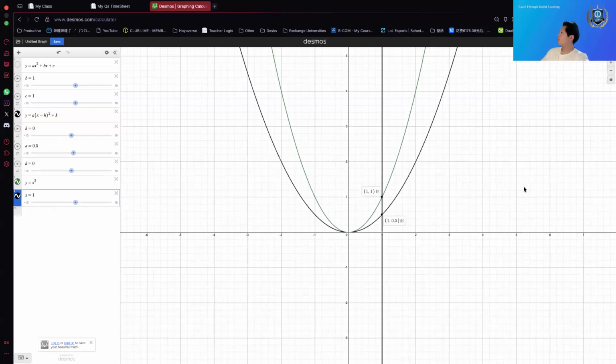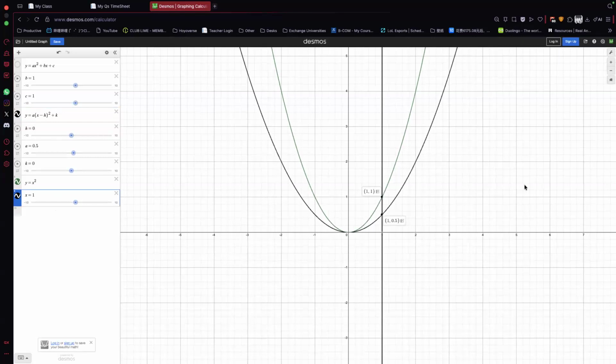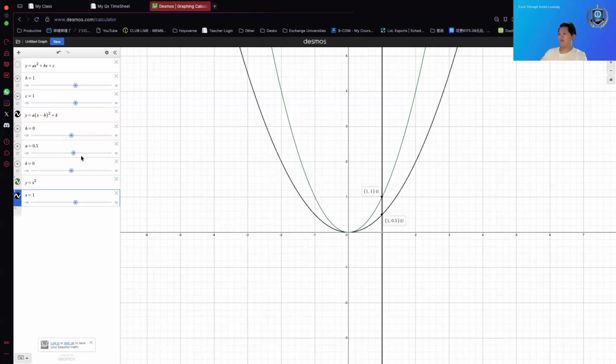But now I only have 1, 0.5, which means that when I stretch it by 2, for every single point of my x value, my y value has gone down by half.